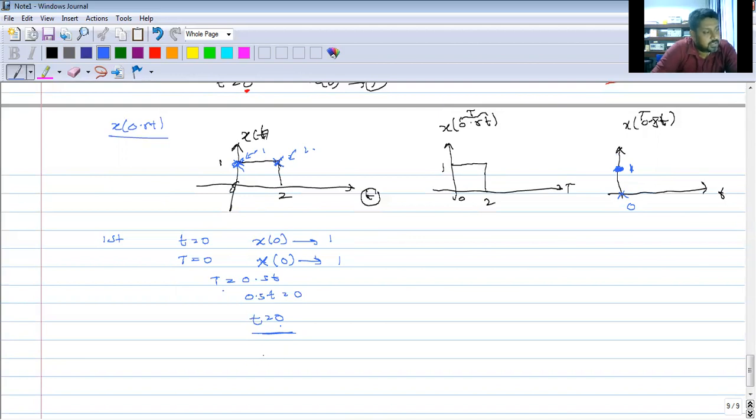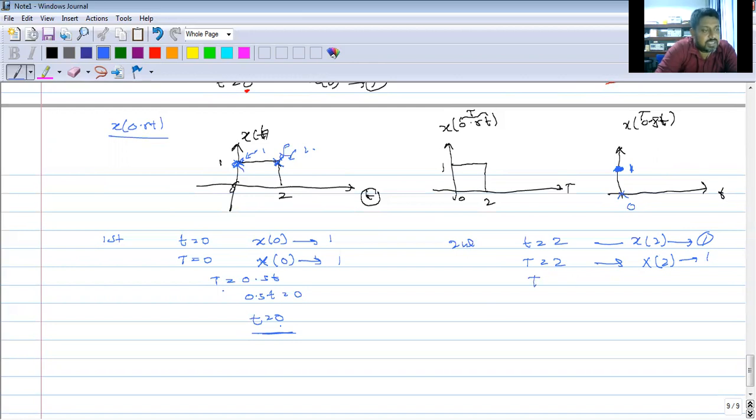Okay, then let's take the second value. That means T is equal to 2. This is our second point. T is equal to 2 means x(2) is equal to 1. If the capital T is equal to 2, x(T) also will be equal to 1. But now what happened to this point if we get 0.5t?